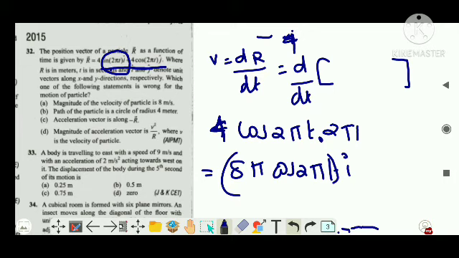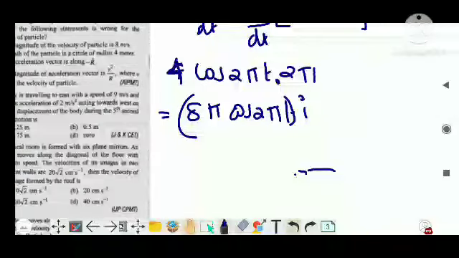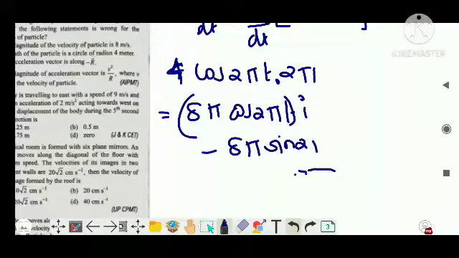Differentiation of cos is minus sine, so write it as sine 2 pi t. Then I have to differentiate the thing in the bracket, which is 2 pi t. Its differentiation is 2 pi, right? So when I write the entire thing here, it is minus 8 pi sine 2 pi t j cap. That is the equation for velocity.